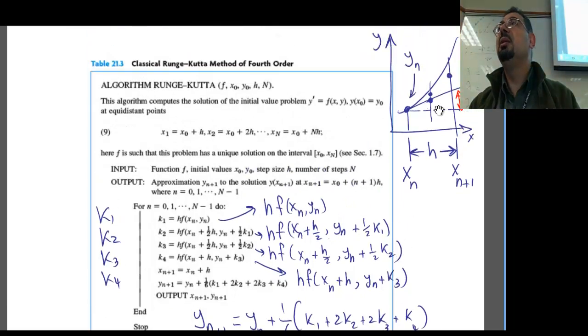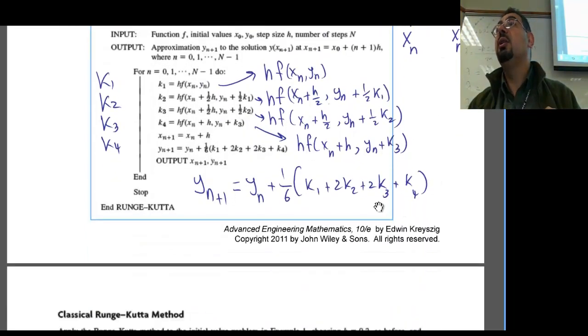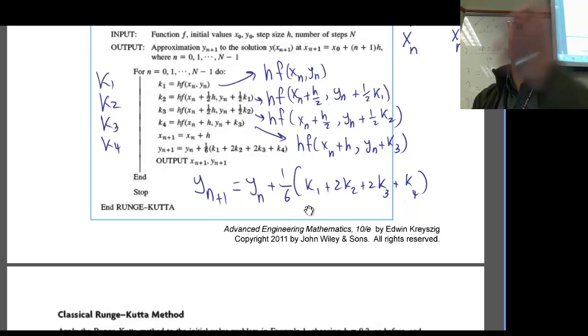This is the slope in the middle. And the slope in the middle is carrying more weight than the slope at the two extremes. So it's twice this guy and twice this guy. So basically you have 6 k's, or 6 delta y, and he's dividing over 6. So he's averaging all the delta y coming from different places, predicting different y.